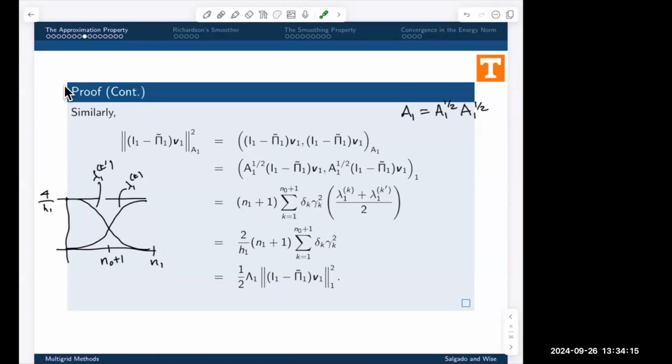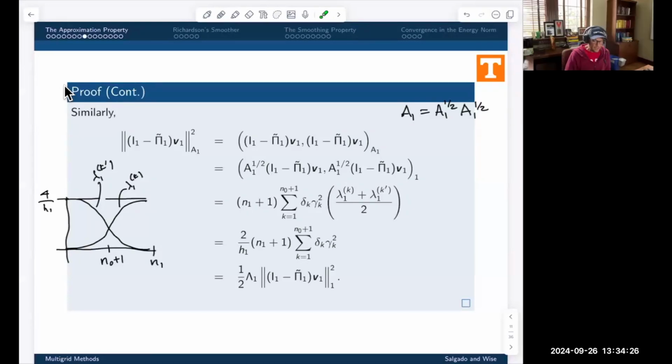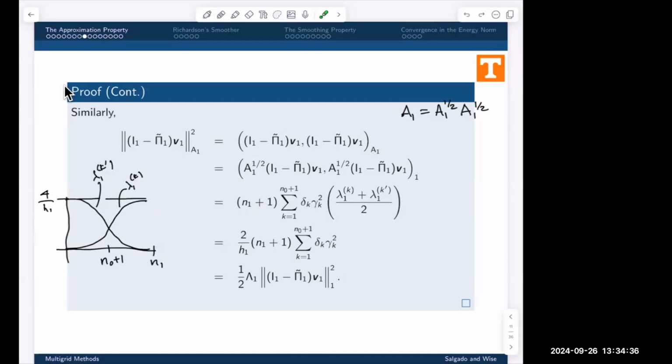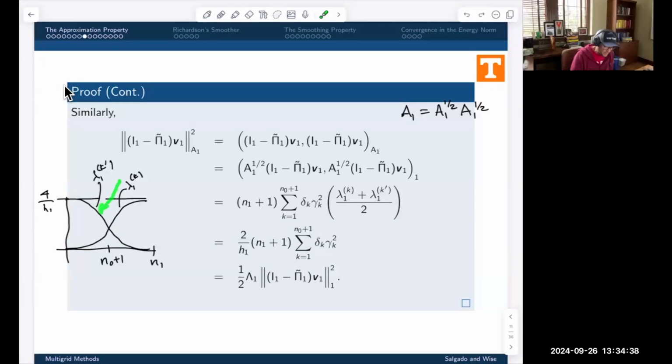You multiply by h1, so it's 4 divided by h1 for the numerator, and then you divide it by 2. You just use sine squared plus cosine squared equals 1. Exactly, yeah, that's right. That's another way of looking at it. Then this curve is going to be a sine squared curve, and this one will be a cosine squared.